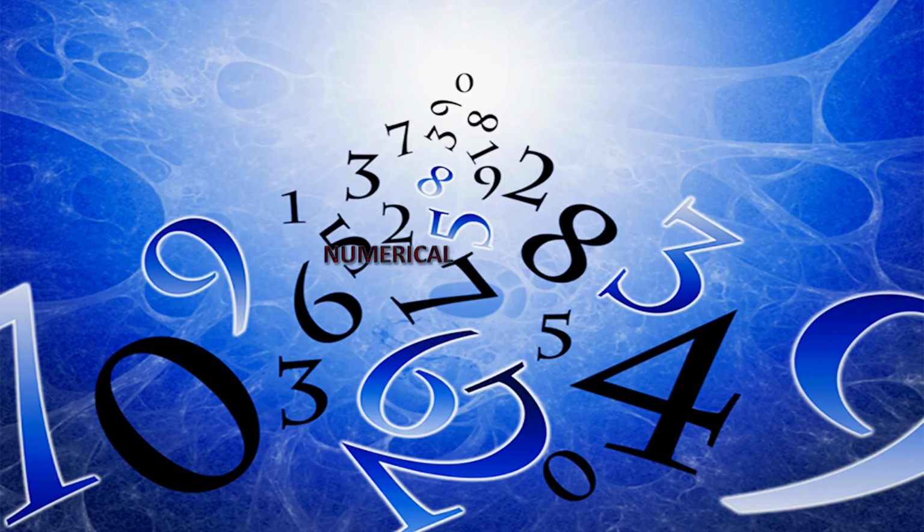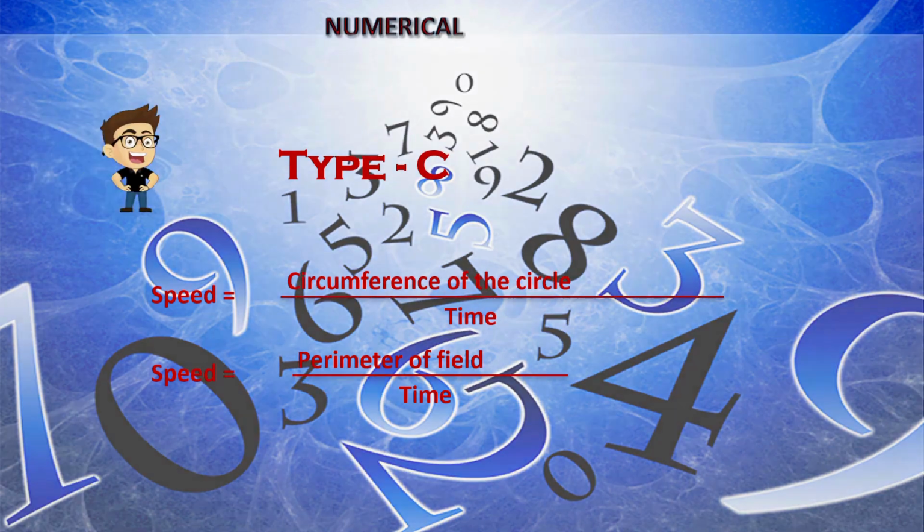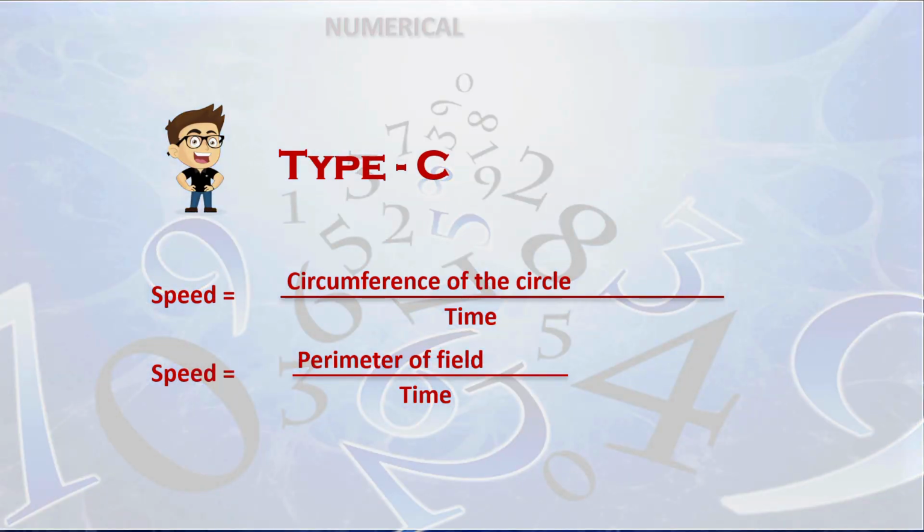Now let us look at Type C numerical problems based on uniform circular motion. In these types of questions, we usually need to calculate the speed of an object moving along a circular path. To solve such problems, we use the basic formula for speed. Speed is equal to distance divided by time.